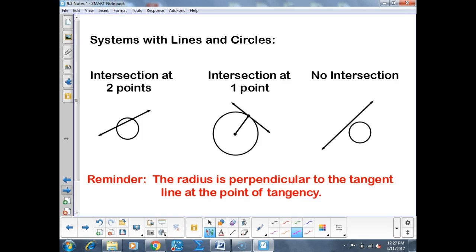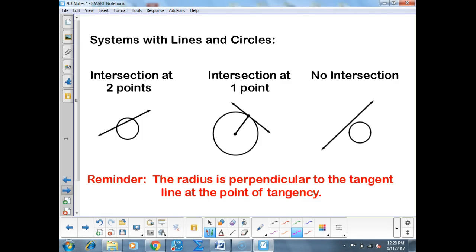It can intersect the circle once. We call that a tangent line. And it cannot intersect it at all, and then it's just no intersection.